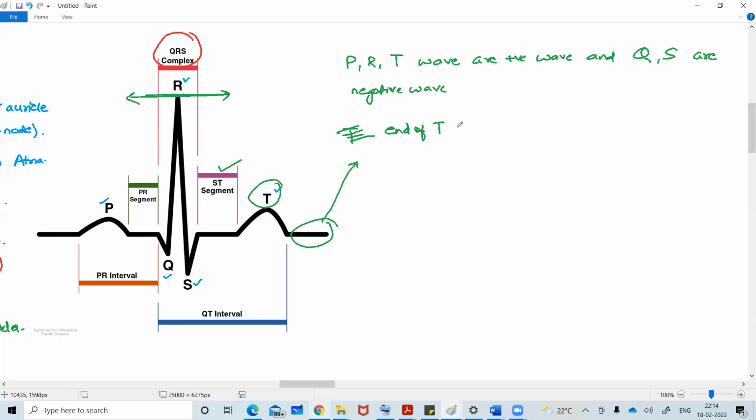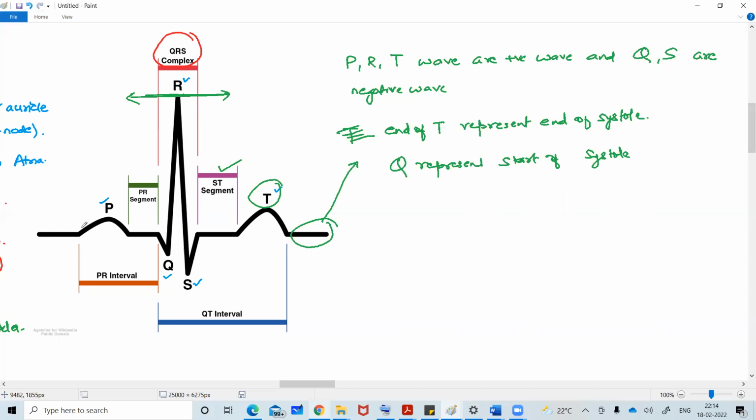The end of T represents the end of systole. Now the contraction has been done, and now slowly it's going to relax. And the Q represents the start of systole.